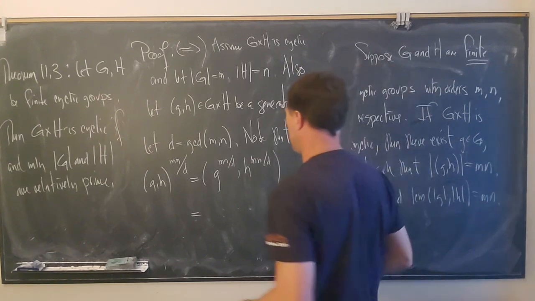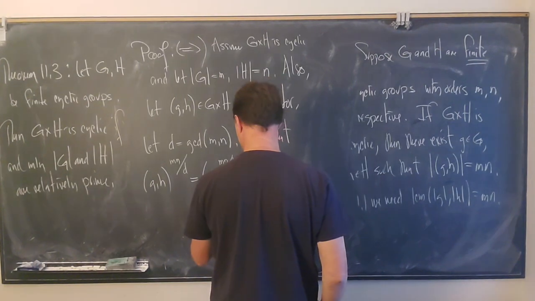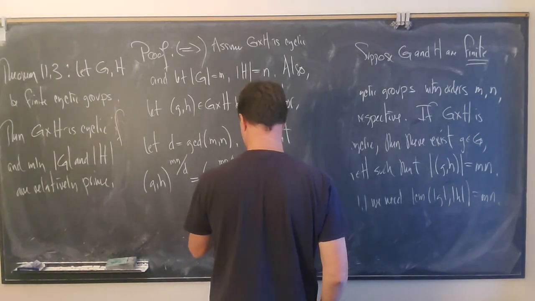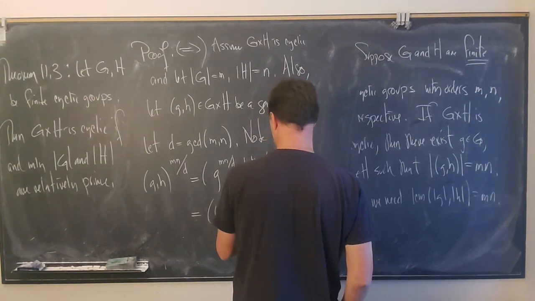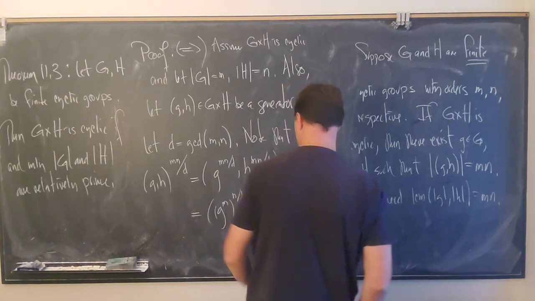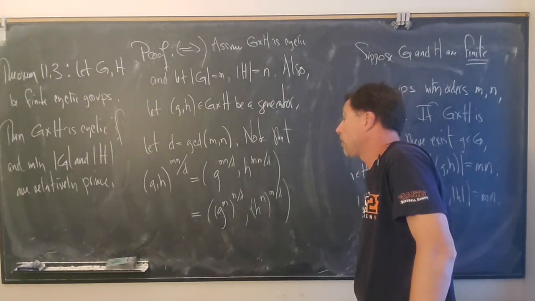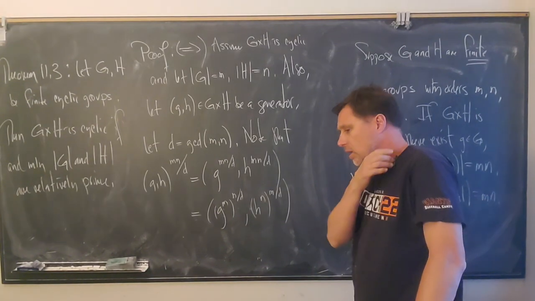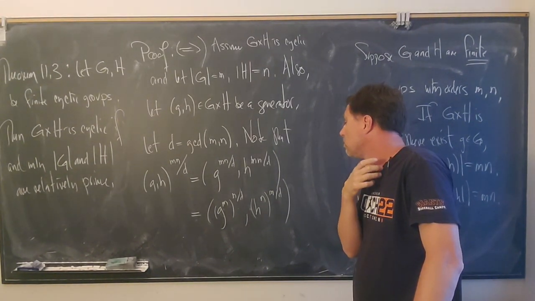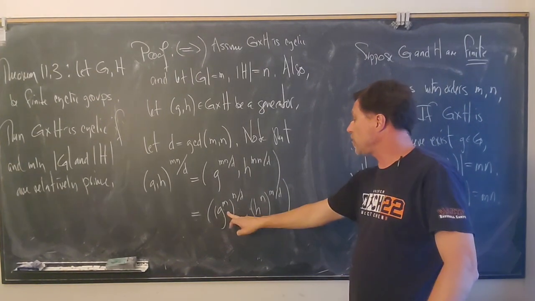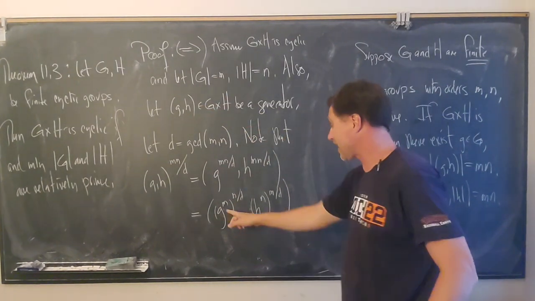We will get g to the M raised to the N over D, comma, h to the N raised to the M over D. From one of your homeworks that you just turned in today, you know that little g raised to the order of capital G has to be the identity.